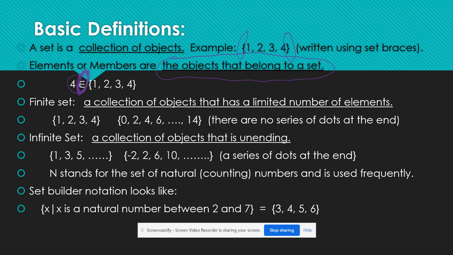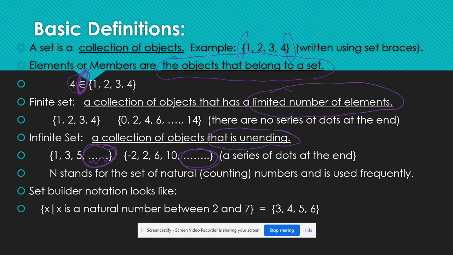A finite set, same as a finite anything else, means that it ends. It has an ending. There's a limited number of elements in there. And you'll notice the difference between a finite and an infinite set, where infinite is unending because of these dots in here.